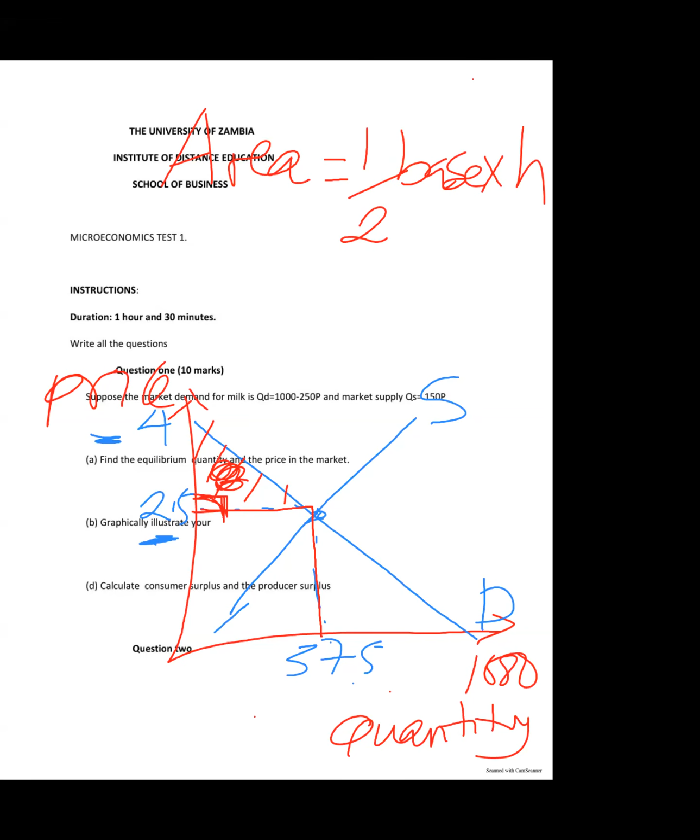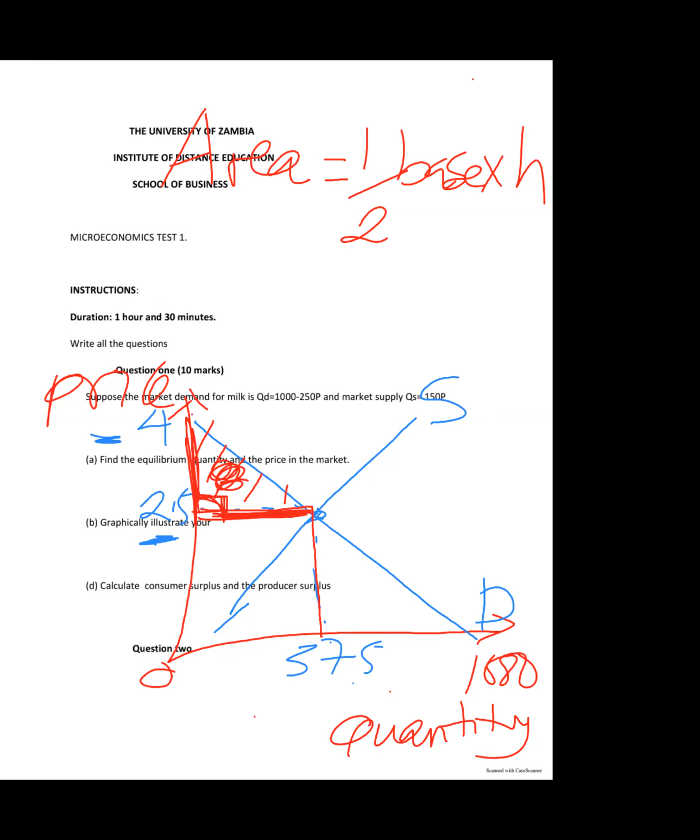And what is our base? Our base is this one, from 0 here up to 375. Then our height is this area here, from this point up to the maximum price.